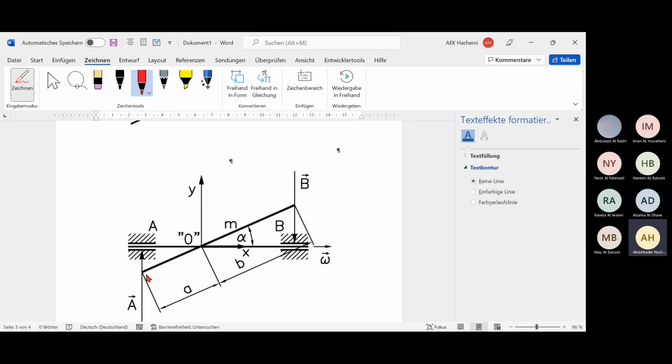And for B, the distance to the point O will be the projection of B along this X direction.